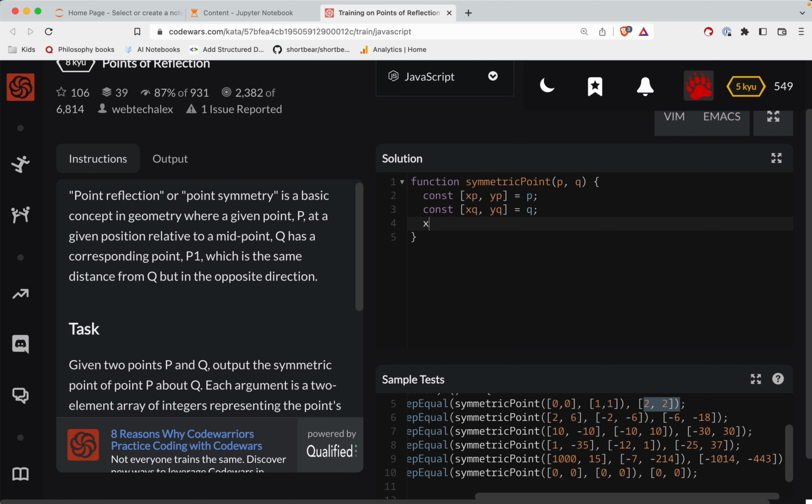distance. const x distance is equal to the x point minus the y point. Okay, so that plus that. So if you subtract these out, okay. Oh, this is making me think.